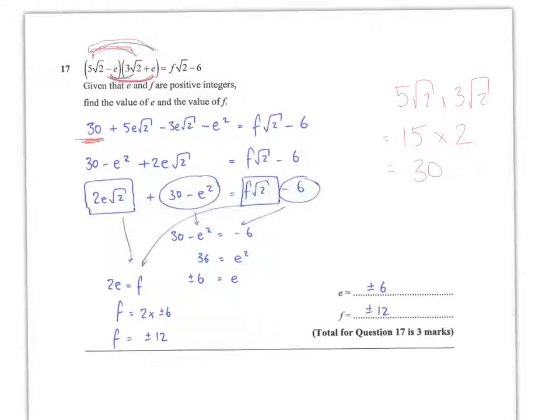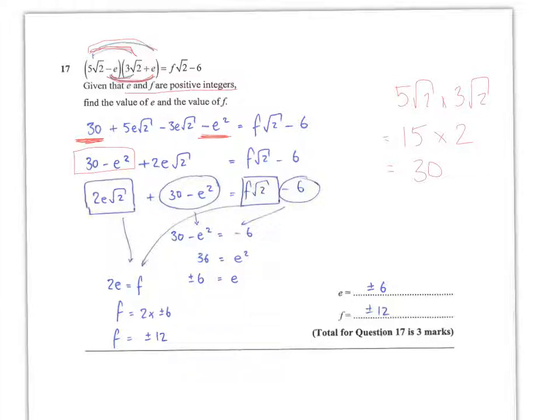Well, 30, I know is an integer, 5e root 2 and 3e root 2 there, they're surd values. But e squared, that is also an integer. We're told in the question that e and f are positive integers, so therefore e squared must be a positive integer. So my minus e squared is also an integer value. So I've grouped those together. 5e root 2 minus 3e root 2 is 2e root 2.